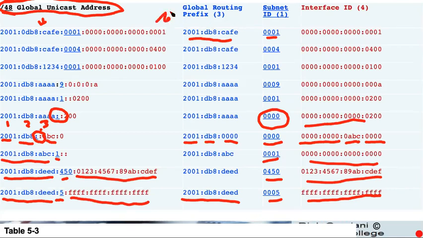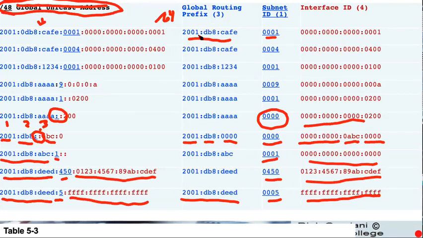So this means that we have 48 bits from our, actually I shouldn't say global unicast /48. That's our global routing prefix. Excuse me, global routing prefix. I need to change this.